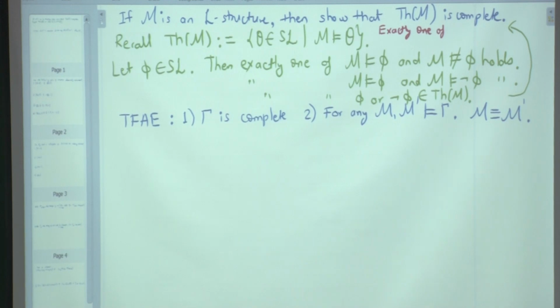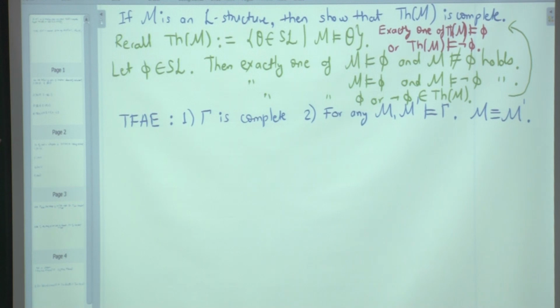Step 1 was that it is a maximal theory, and step 2, claim 1, was that it is deductively closed. So the theory of M is deductively closed. Therefore exactly one of these holds: the theory of M has phi as a logical consequence, or the theory of M has negation phi as a logical consequence.